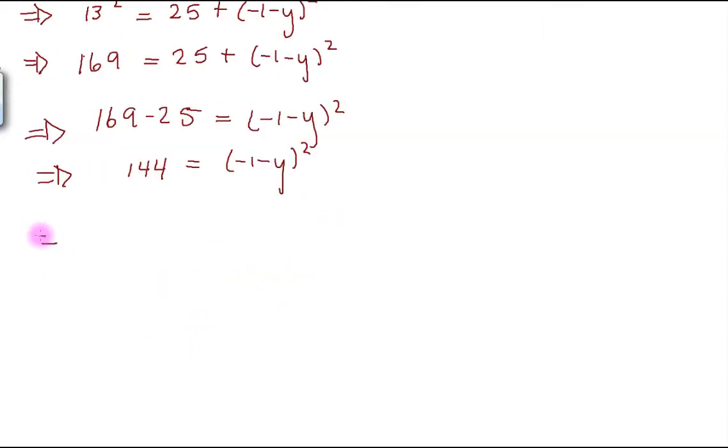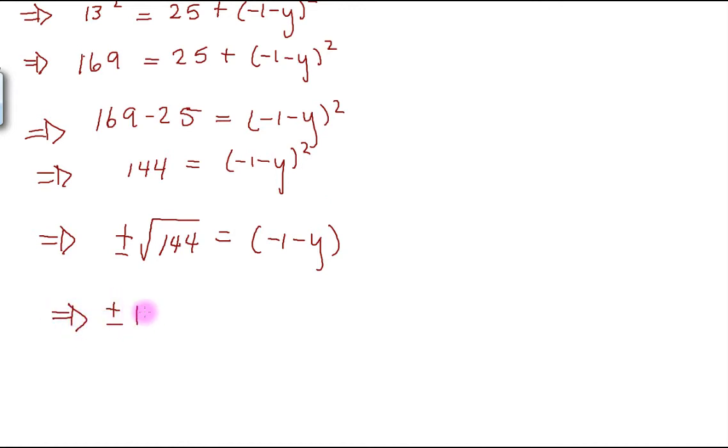We have to take both positive and negative square roots. That implies plus and minus the square root of 144 equals -1 minus y. Now, the square root of 144 is 12. So it's plus and minus 12 equals -1 minus y.